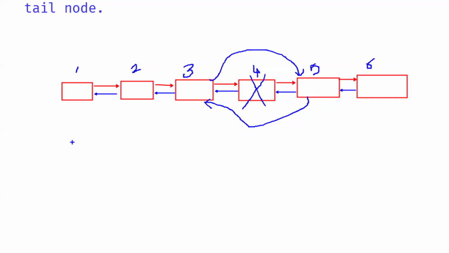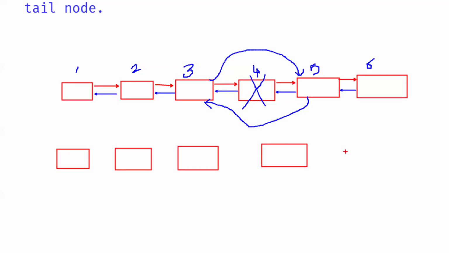For example, let's say this is one node, this is another node, and another node, and the last node. Tell me now, it is a double linked list format.